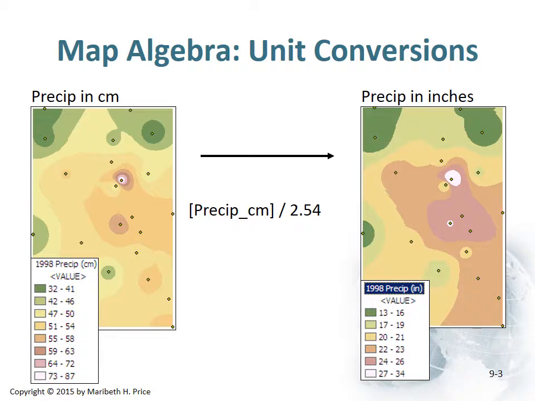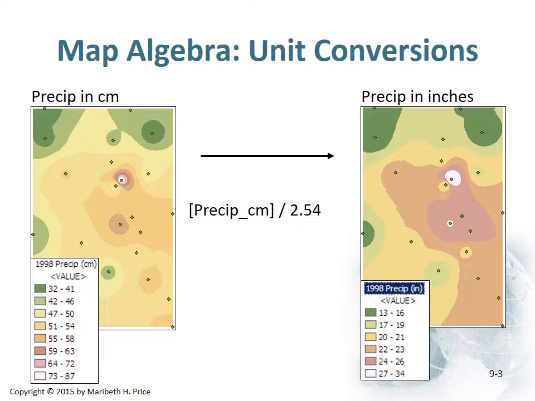Here's an example of map algebra doing a unit conversion, which is something we quite often do. If we wind up with data in one unit that is not what we want, and we want to convert it to something else, we just apply map algebra. On the left, we have precipitation for a raster measured in centimeters, so 1998 precipitation values in centimeters.